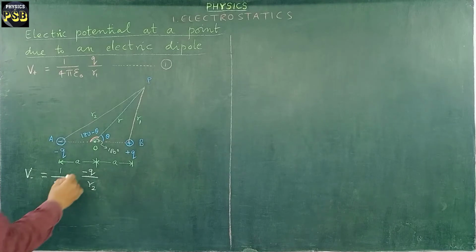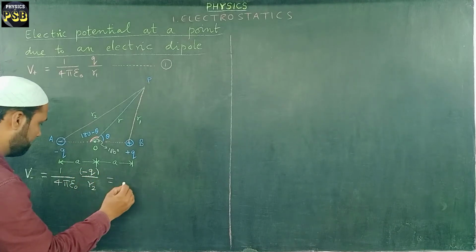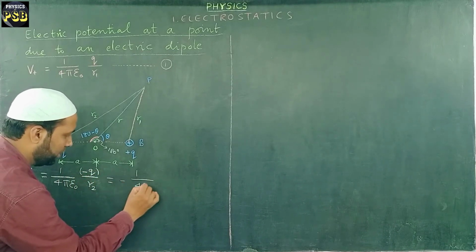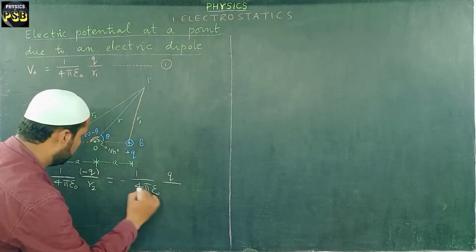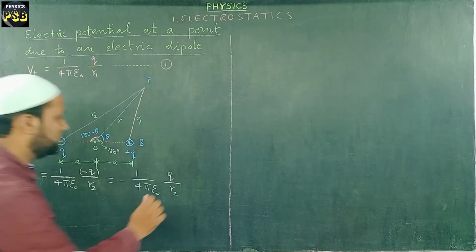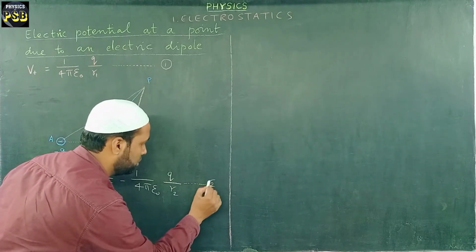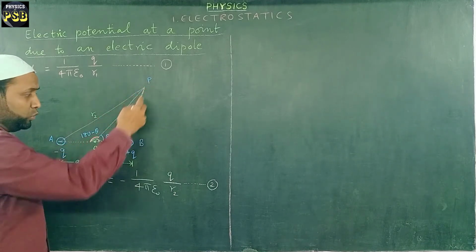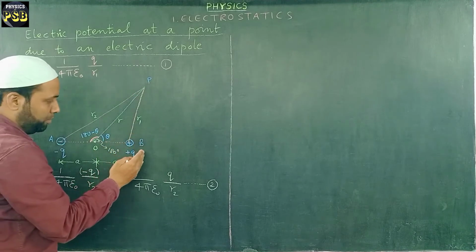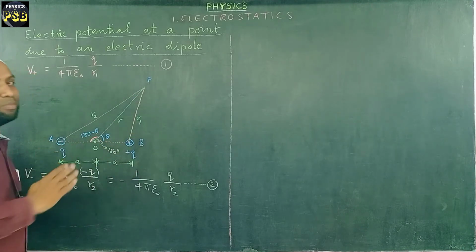So this can be written as minus 1 upon 4 pi epsilon naught q upon r2. This is equation number 2. We have obtained the electric potential at point P due to the positive charge and negative charge separately.